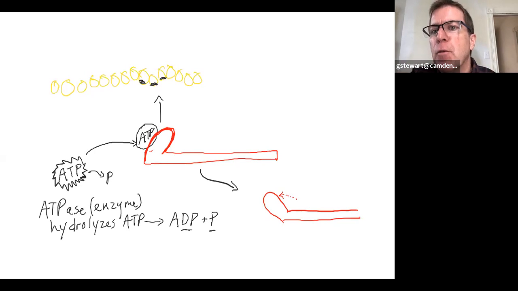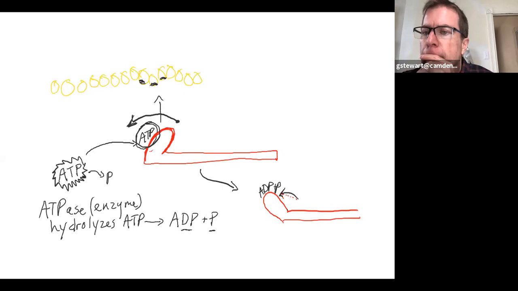I always tell students, if you pull this head back this way, like cocking a gun, you have given that gun energy to do something. Likewise, when this ATP molecule splits into ADP plus P, which I'm going to draw still attached here, it makes the head go back like this and gives it energy.